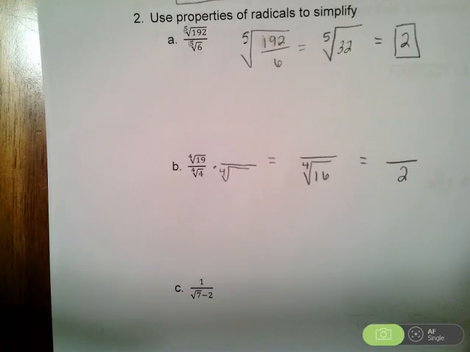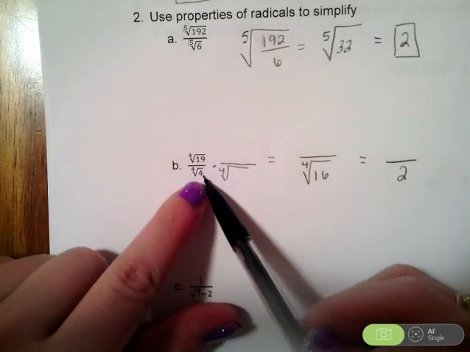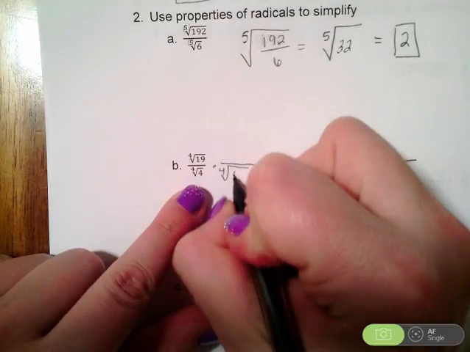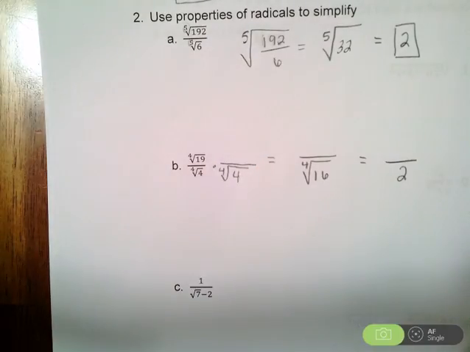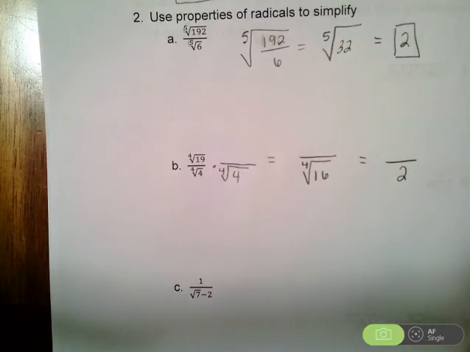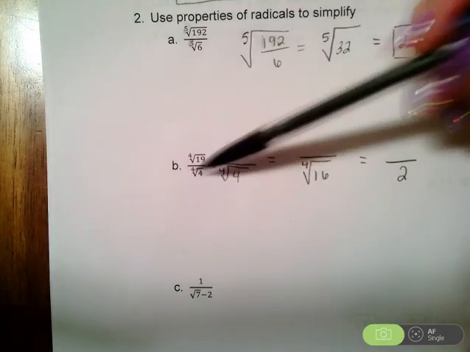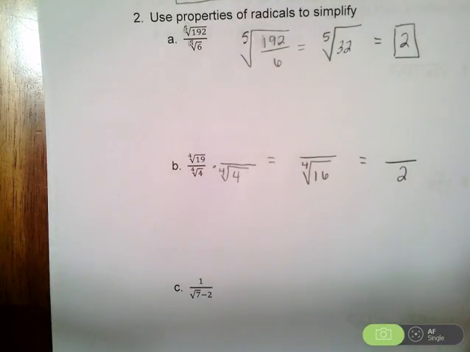Okay, so then I ask myself, how do I get to the fourth root of 16 if I've got the fourth root of 4? Well, if you multiplied by the fourth root of 4, you would get to the fourth root of 16. Now be aware that it's not always going to be you multiply by the same thing. It's whatever gets you to the thing that can be fourth rooted.